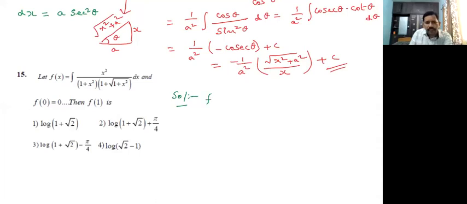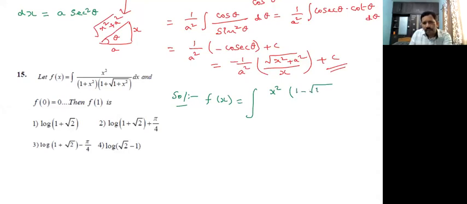F of x is equal to integration x squared. I am going to rationalize the denominator term, that is 1 plus under root 1 plus x squared.